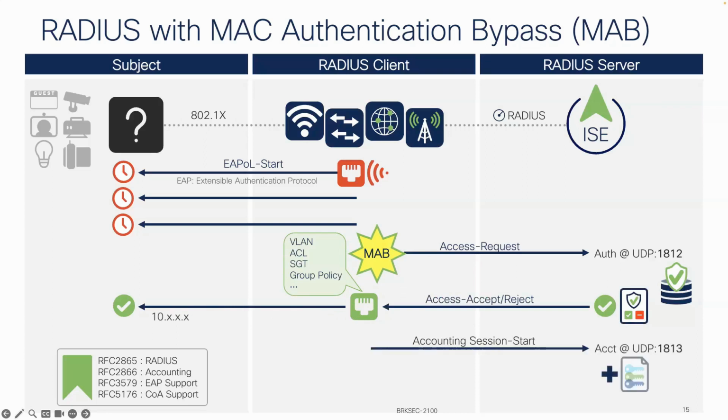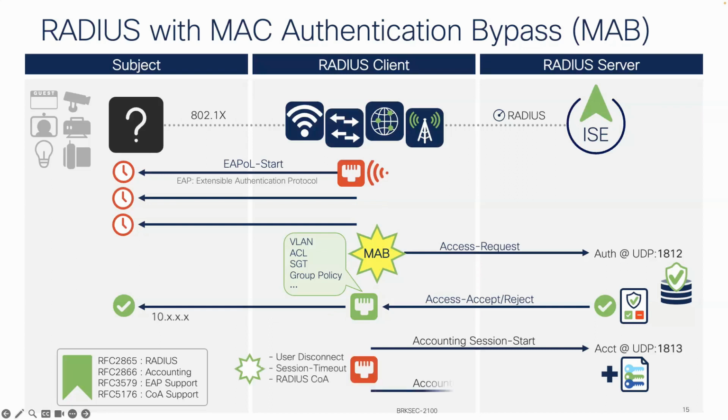And we'll go figure some things out. Maybe we'll do some profiling. Maybe we'll just let it sit on a VLAN that we've reserved for it. Maybe we know it's coming in from a guest wireless network, so we know what to do with it, or we're going to be applying pre-shared keys, whatever our policy says.